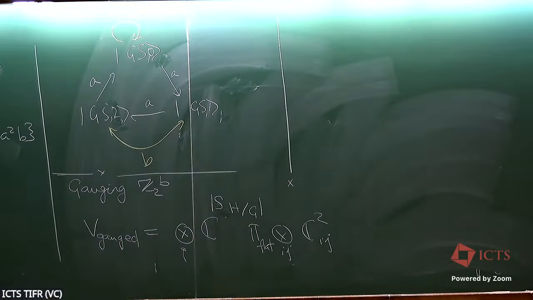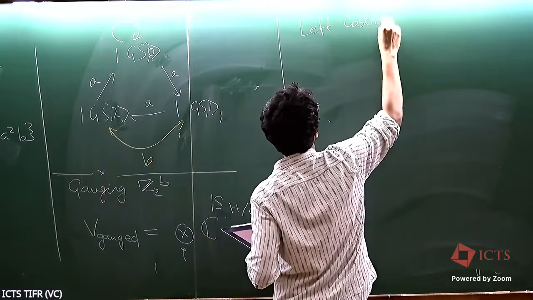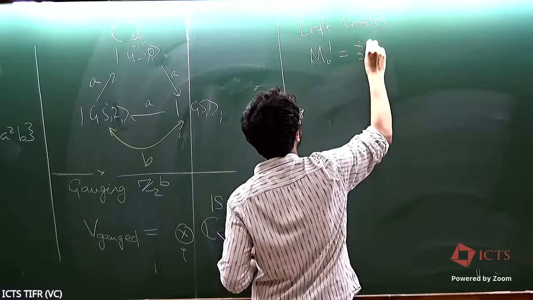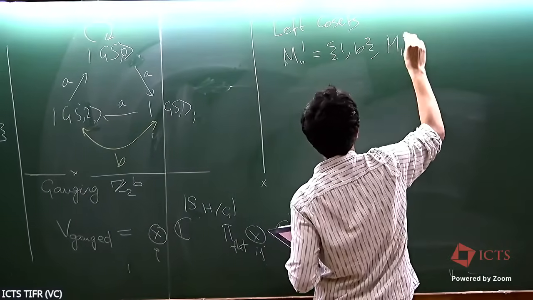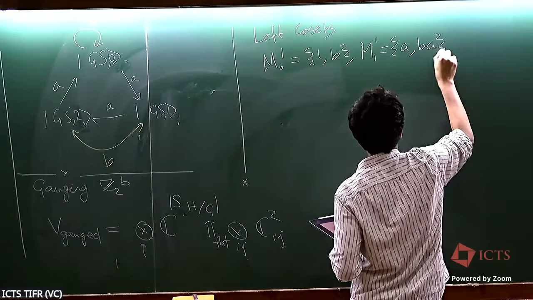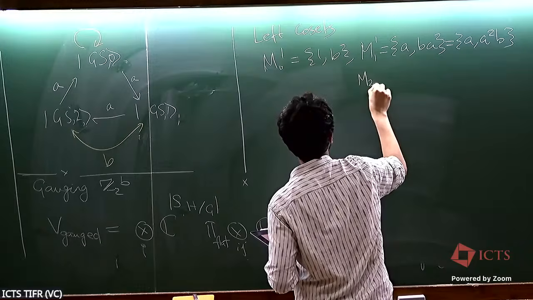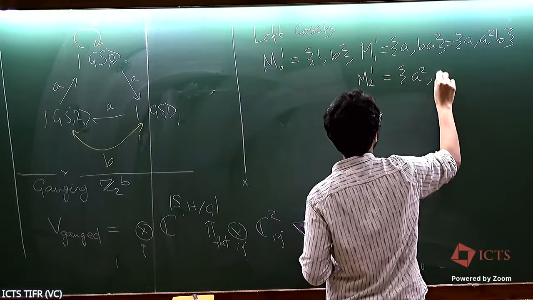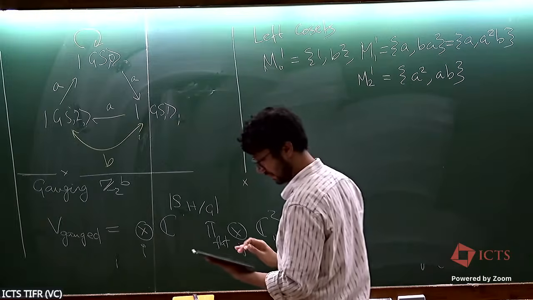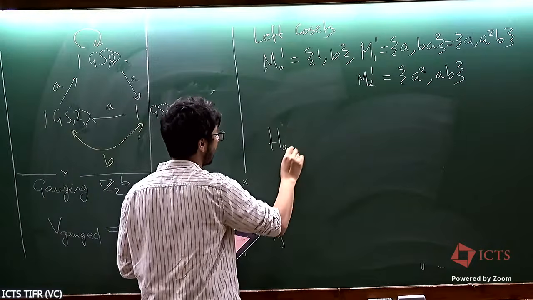So these were the right cosets. What we find is a Hamiltonian, the gauged Hamiltonian.